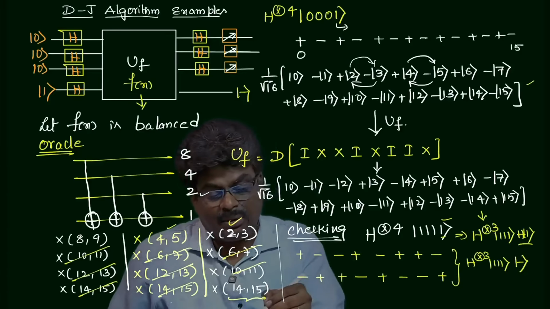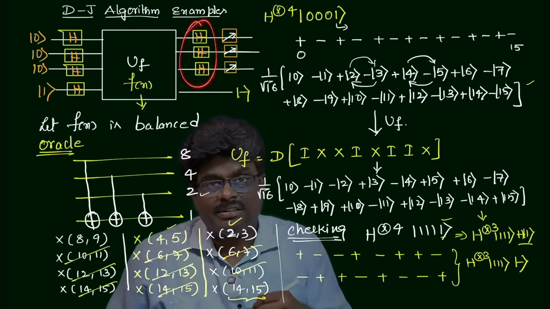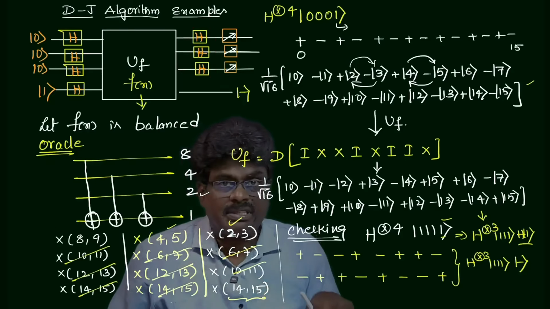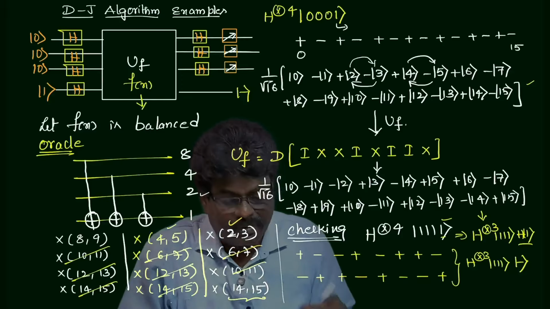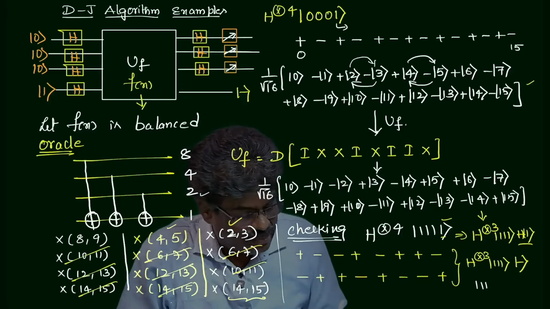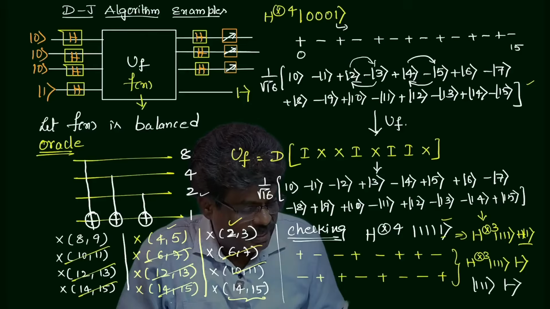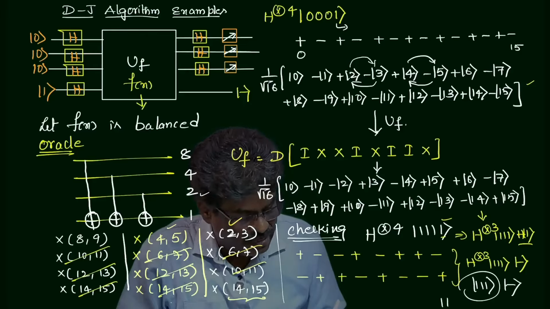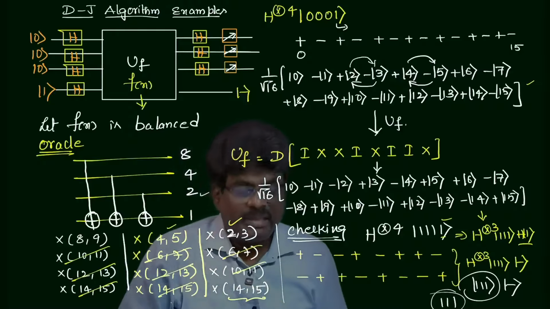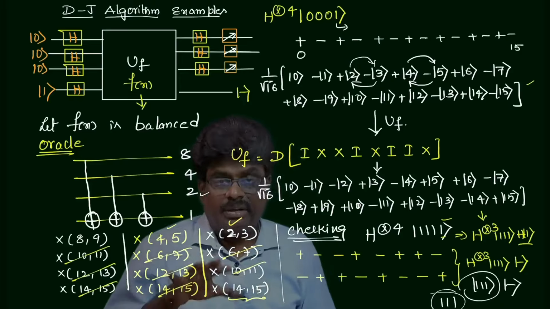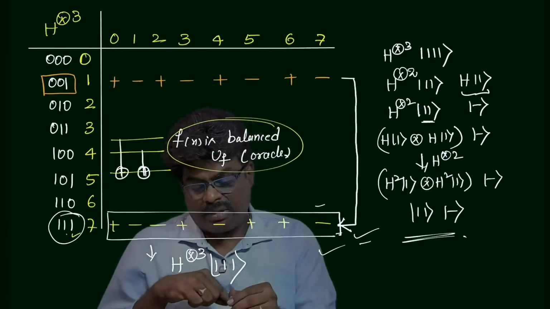And after that again you have three Hadamard operations. So those 3 Hadamard operations will give you identity, and finally you get this triple 1 and minus. Once you make a measurement here, you will get 1. So this is very easy to understand with this table. This is also very crucial.